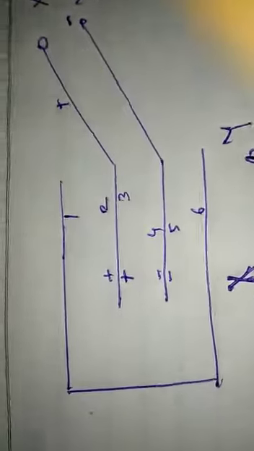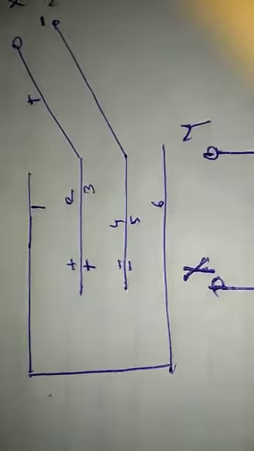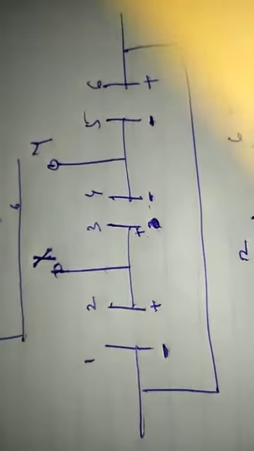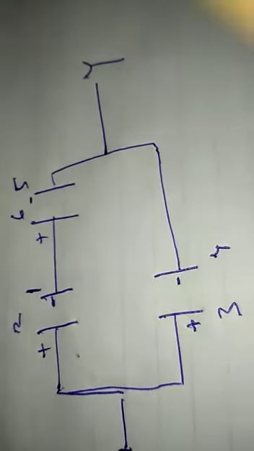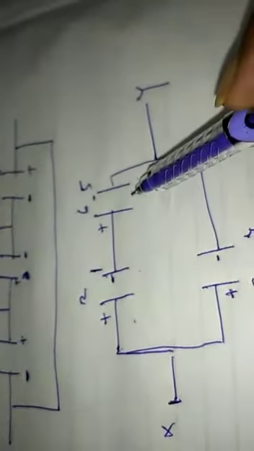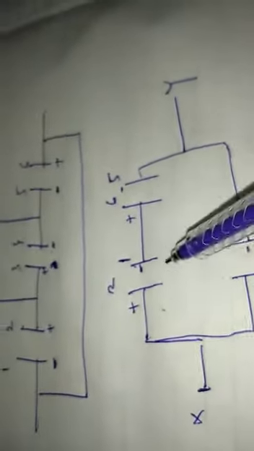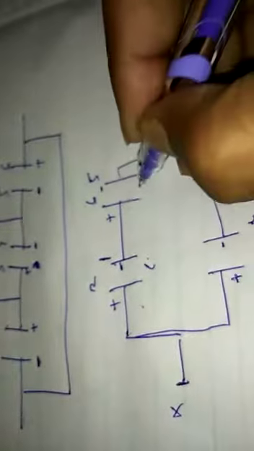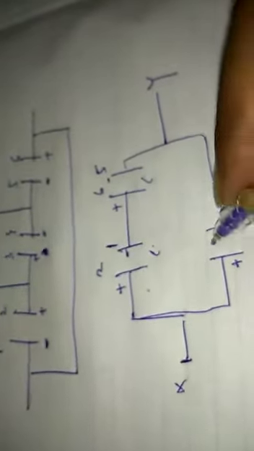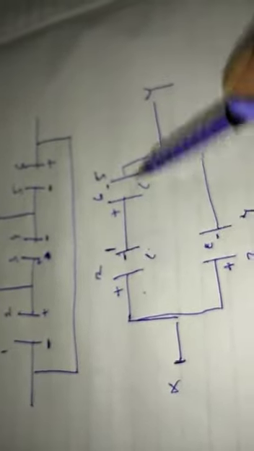So this was your actual figure, and from that we reach this figure, and from that we reach this figure. Now what we got: 2 capacitors are in series and the third one is in parallel. Both are C and C, so 2 in series will turn to C by 2.